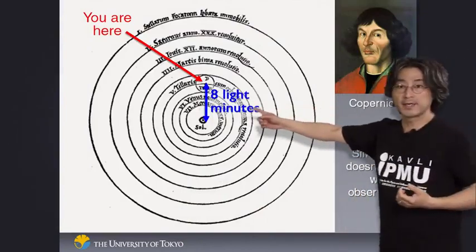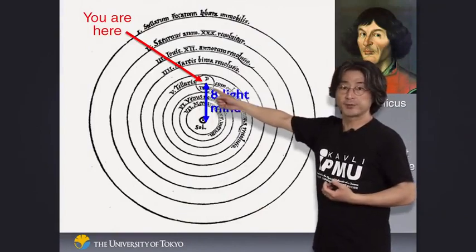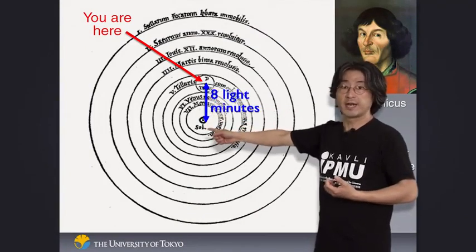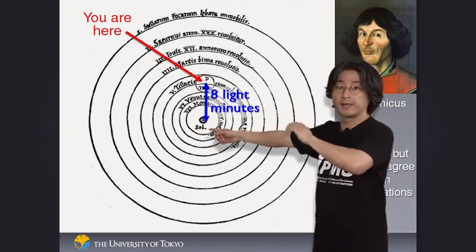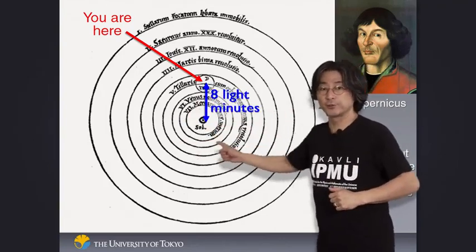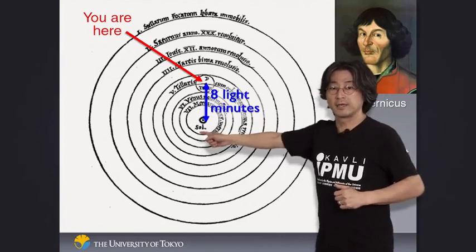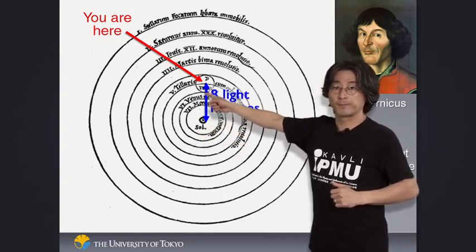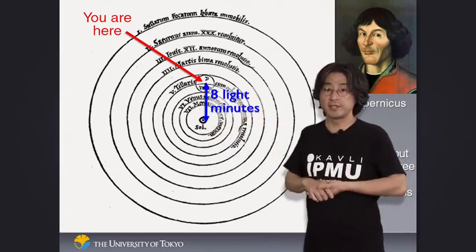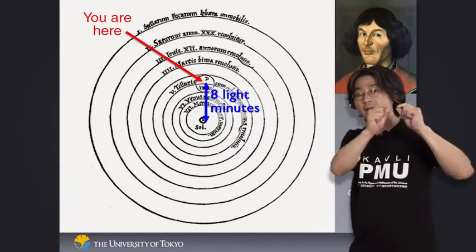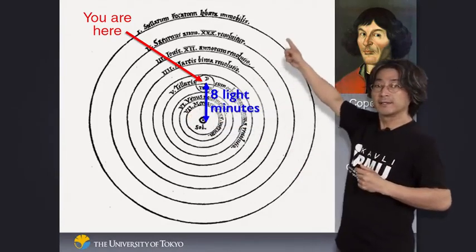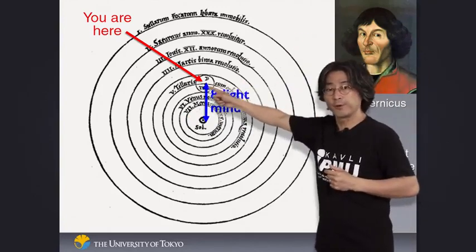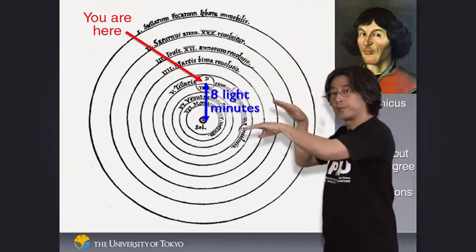We are not at the center of the universe. We are off-center. The center of the universe is actually the sun. He proposed that all the planets move in complete circles around the sun instead of around the Earth. This way, you can easily understand why Saturn does this back and forth motion. If you're looking at Saturn from the Earth, they go at different speeds.